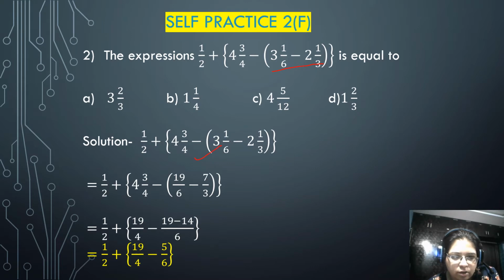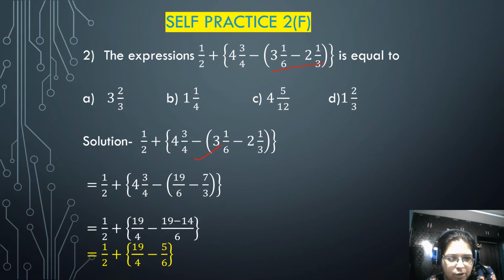First we evaluate this expression that is inside the bracket. First we convert this mixed fraction 3 1 divided by 6 and 2 1 divided by 3 into an improper fraction. So multiply denominator 6 with whole 3 plus 1, numerator 1 divided by denominator 6.